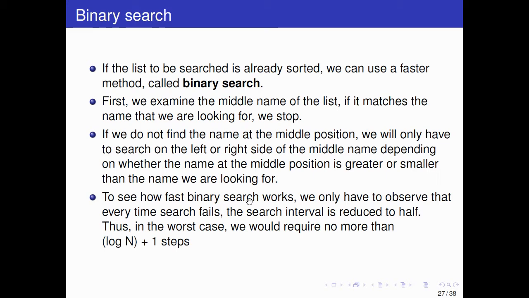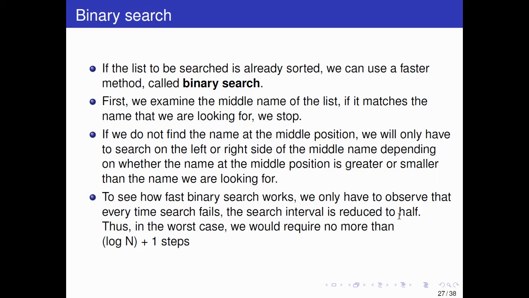To see how fast binary search works, there is a link with time complexity, which you can check. We don't require it here, but we can see that. It is saying that every time your search fails, if you don't find the value, to see how fast binary search works we only have to observe that the search interval is reduced to half.